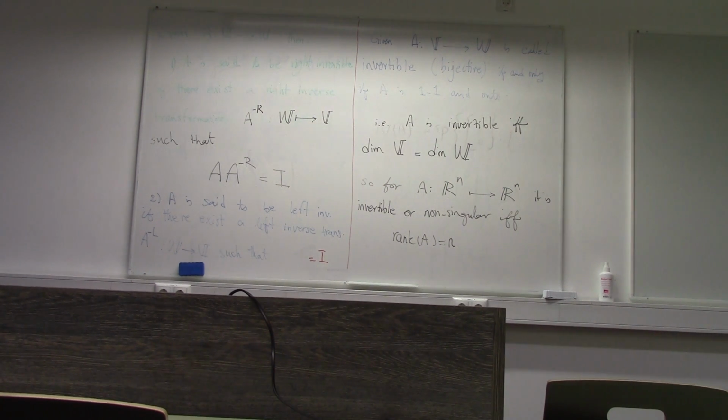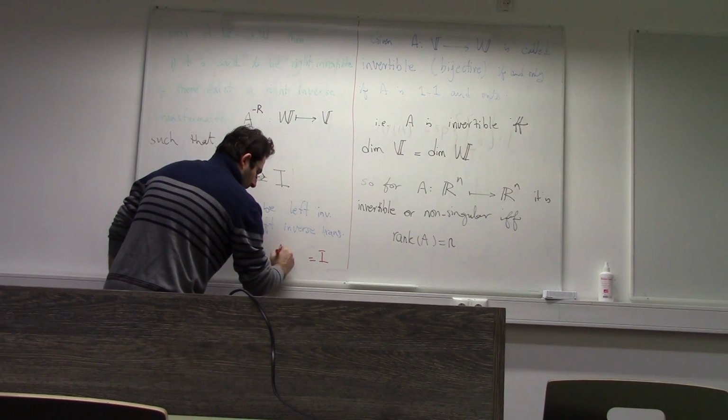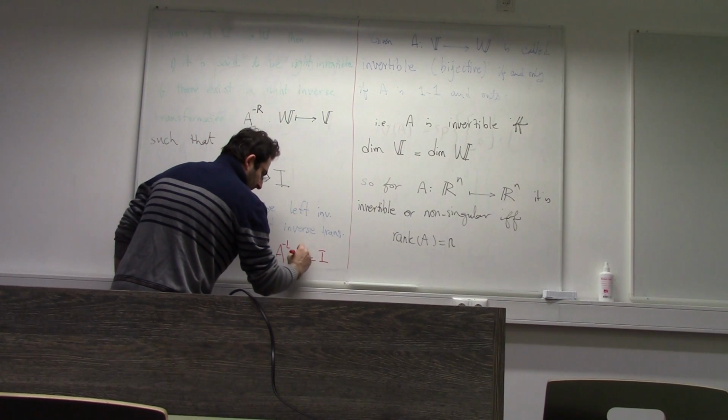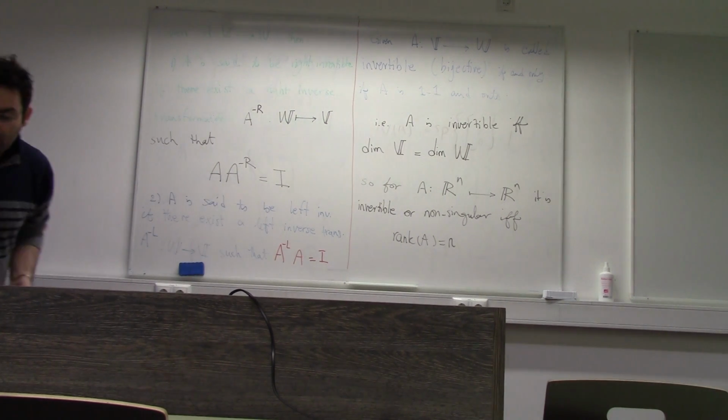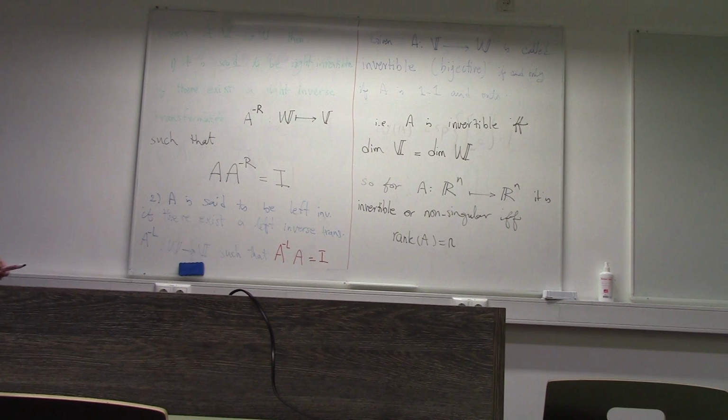A minus L multiplied by A is equal to I. Now, one thing that you have to note, okay, finish writing, but we need to go back and add a few more things to these writings. A very minor thing.